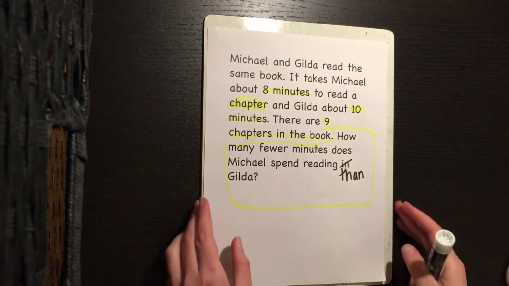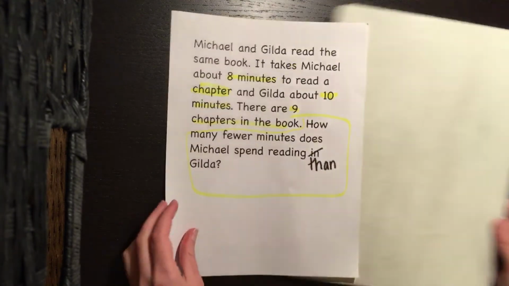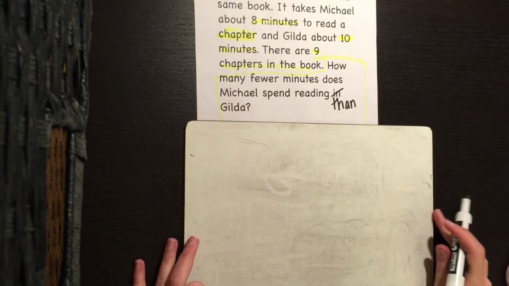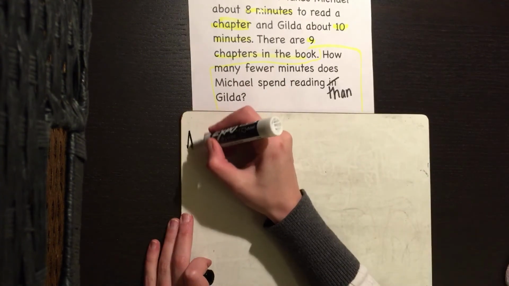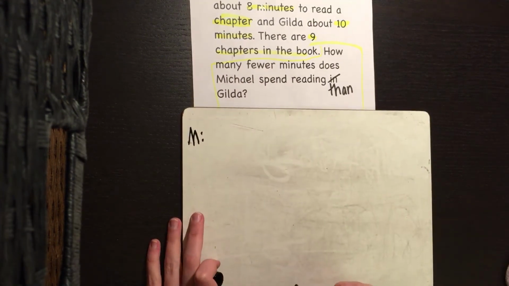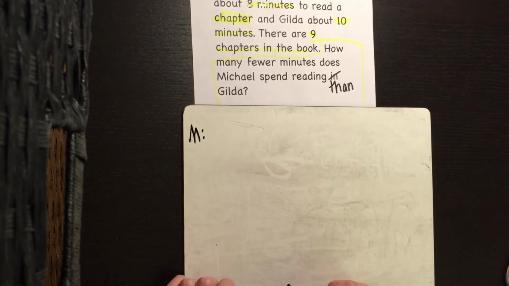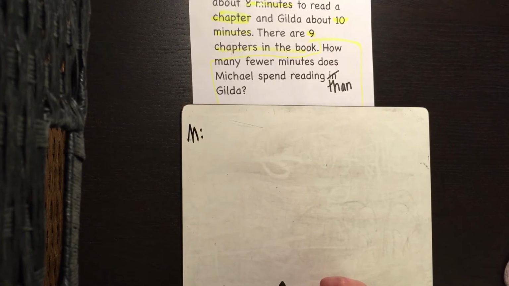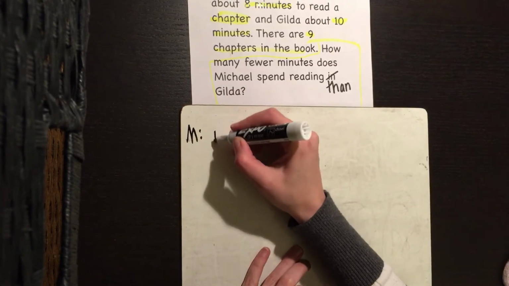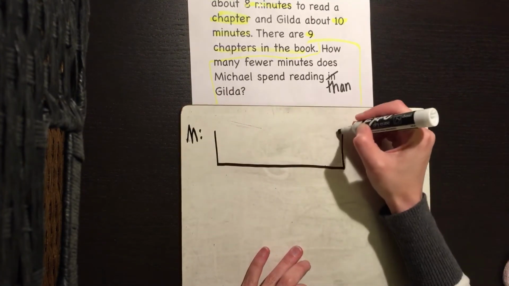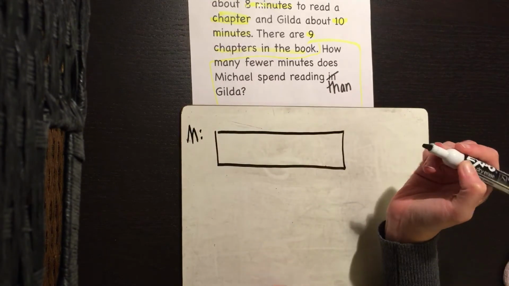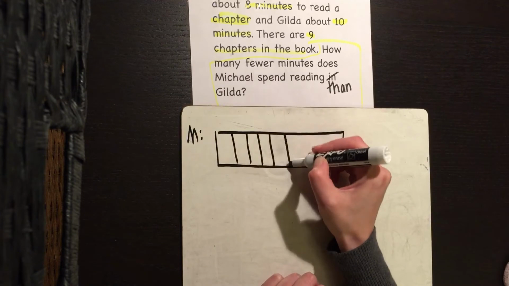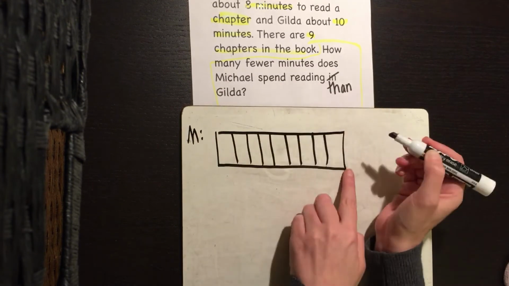Okay, hopefully you had a chance to solve the problem. So let's see. Michael and Gilda read the same book. So I'm going to go with Michael first. It takes him 8 minutes to read a chapter, and there are 9 chapters. We don't know how long it takes him, but I know that there are 9 groups. 1, 2, 3, 4, 5, 6, 7, 8, 9.